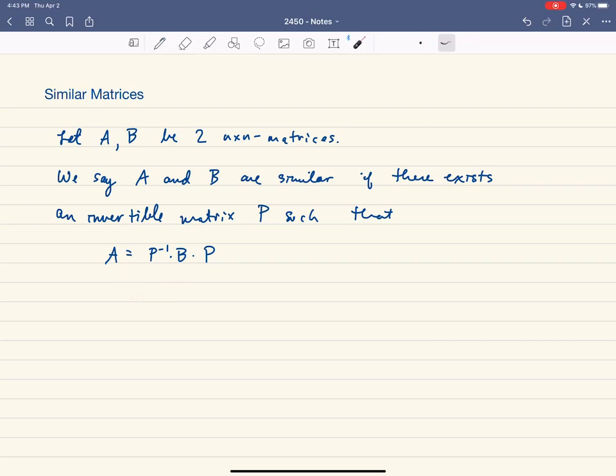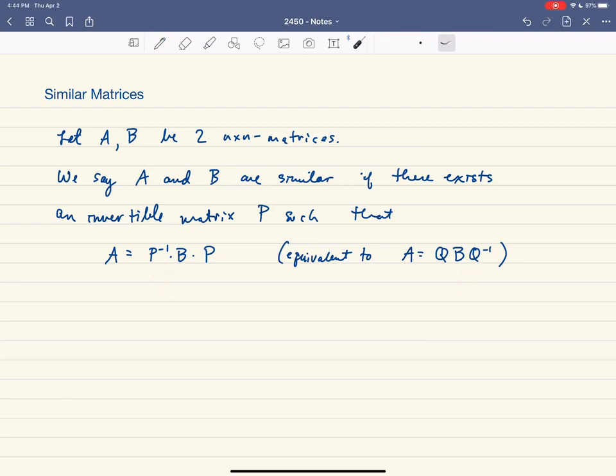Some books have this the other way. This is equivalent to saying that A is equal to some invertible matrix, say Q times B times Q inverse. So some people like to put the inverse on the right side. Some people put it on the left.